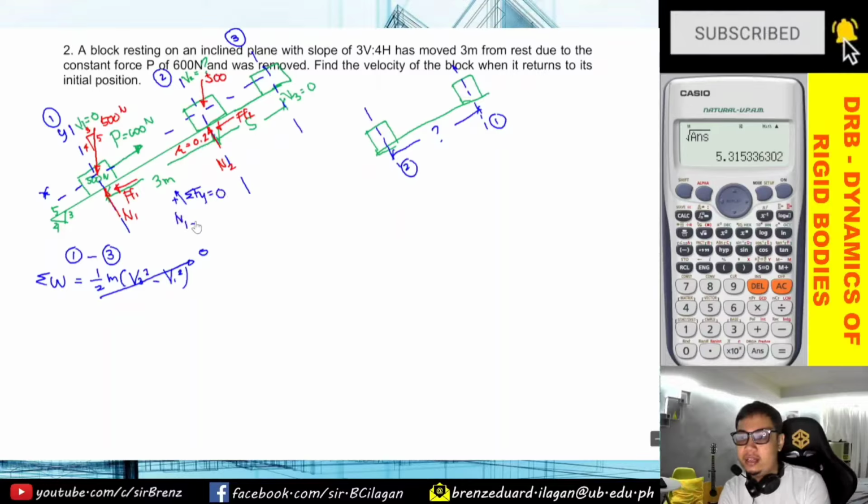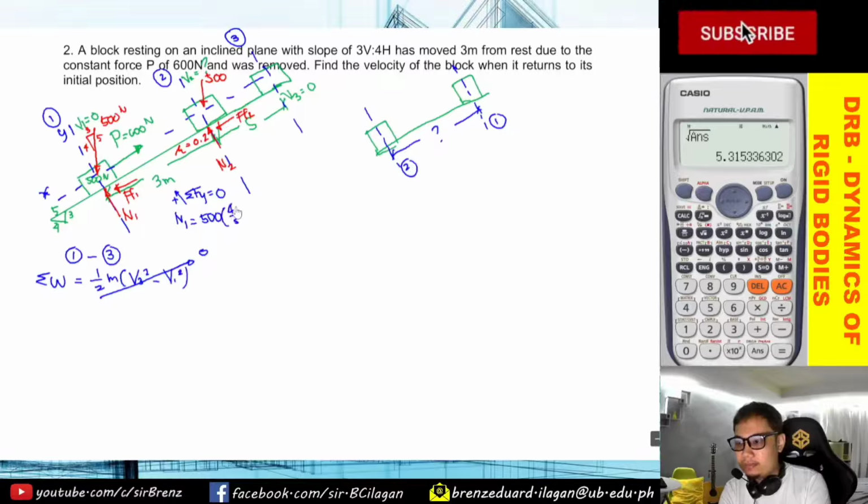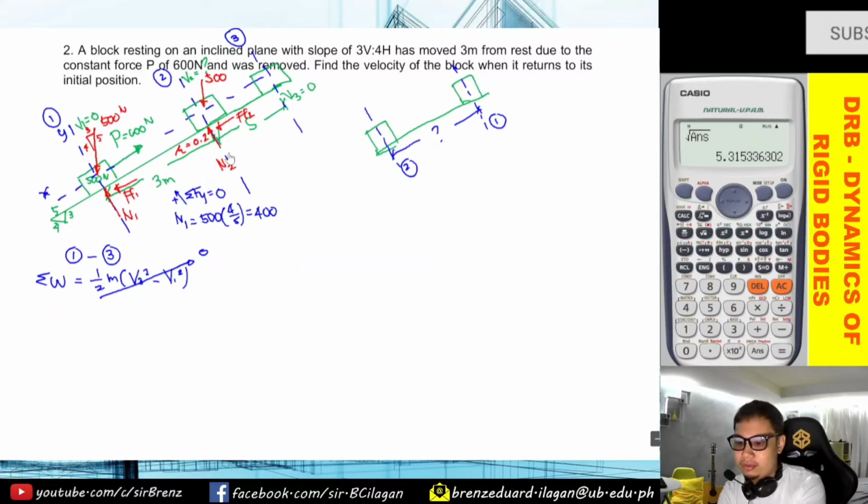So, N1 is equals to 500 times 4 over 5. So, this is 400. And then, yung frictional force niya, multiply mo lang ito ng 0.2, 80 nga ba?